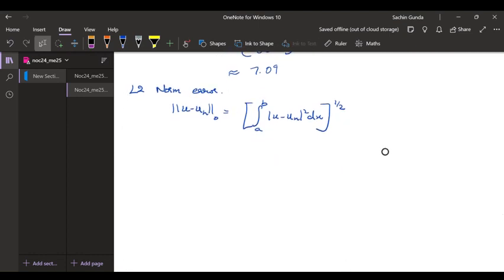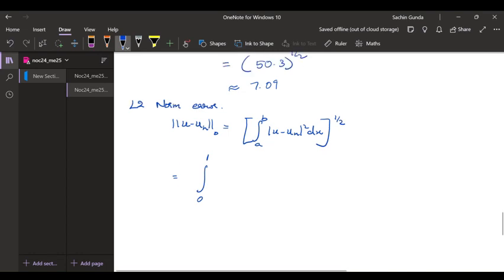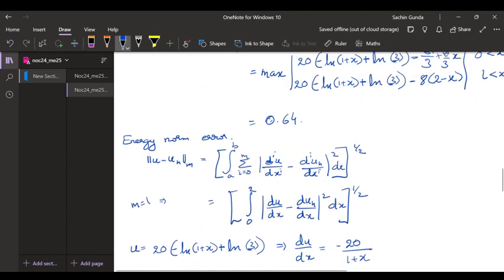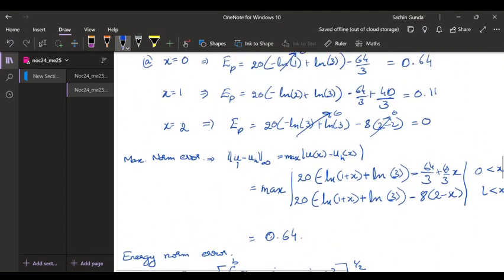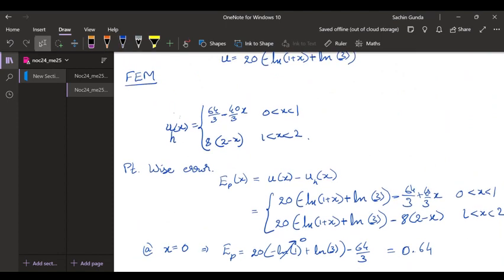As usual, we have two expressions, so we need to divide the integral into 0 to 1 and 1 to 2, and this is the analytical expression. Copy it.